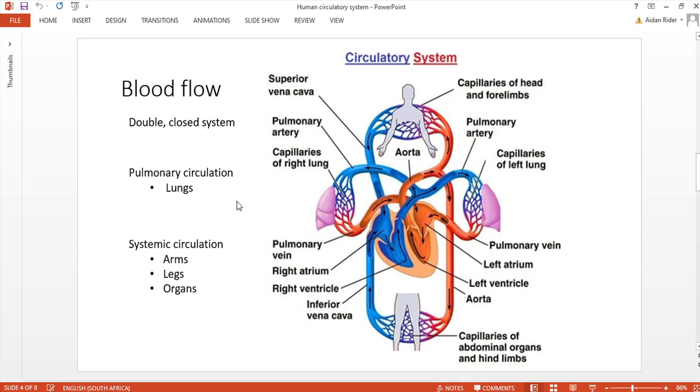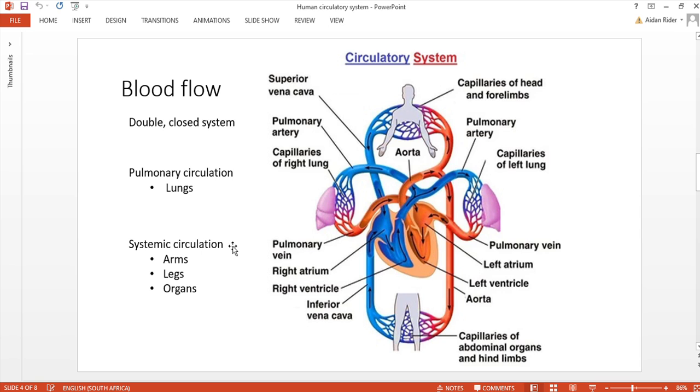Okay, so the circulatory system can be divided into two parts. Your pulmonary circulation refers to our lungs. Pulmonary circulation is just how blood enters the lungs and how it is being oxygenated. So it gets oxygen from the lungs. Then our second circulation is called the systemic circulation.